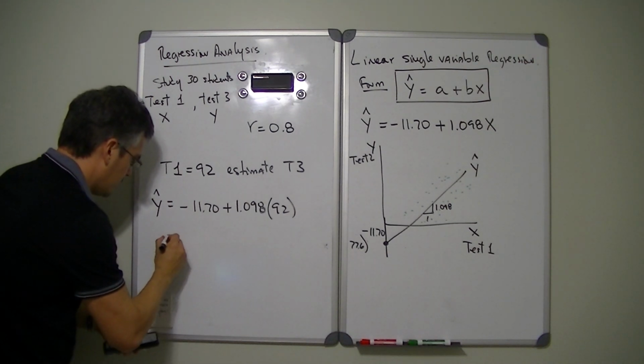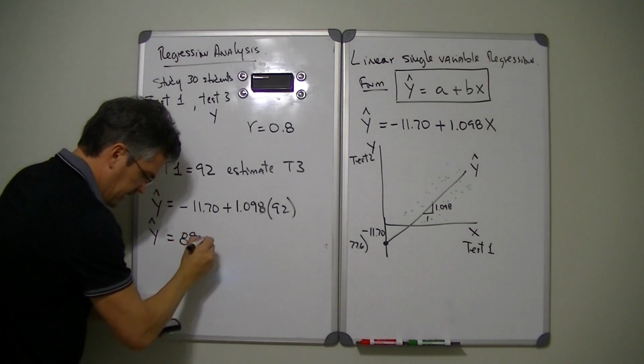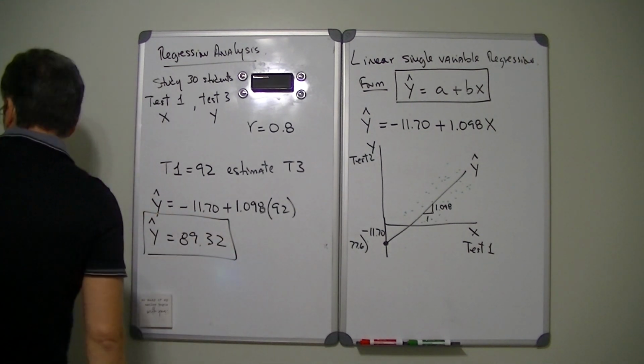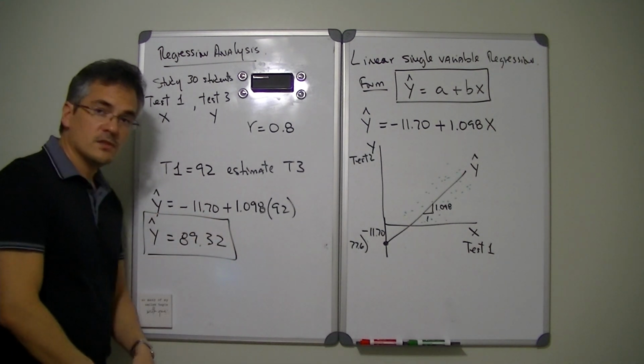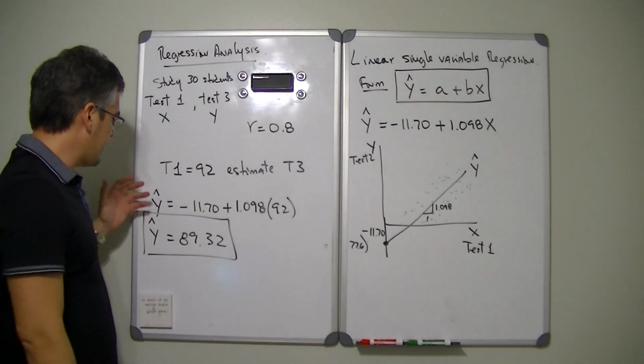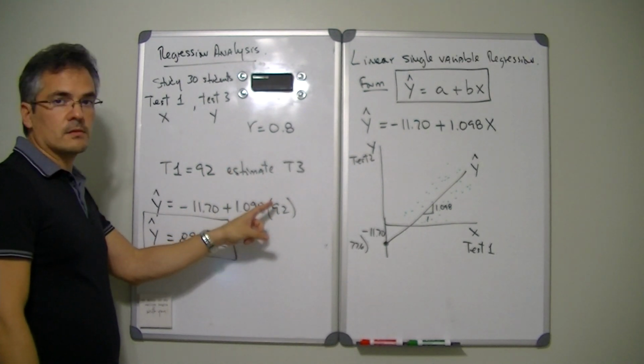Okay, so my y hat is equal to 89.32. Okay, so notice that what I'm doing here is I'm estimating my test 3 score with my test 1 score.